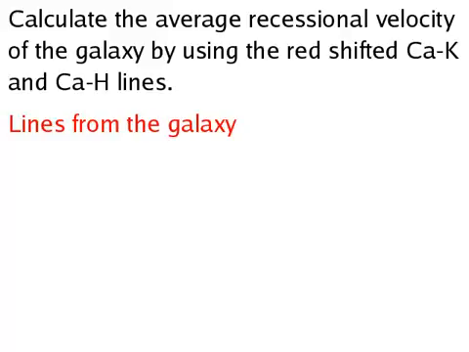So we had said that lambda for the K line was equal to 4012 angstrom. Maybe I'll just abbreviate that as A. And lambda H was 4047. Let me just double check that. Yep. Okay.